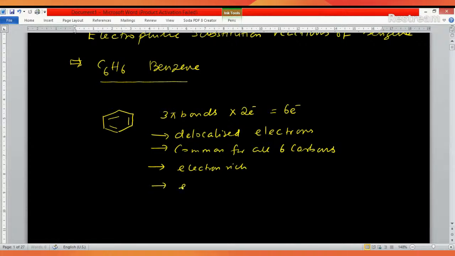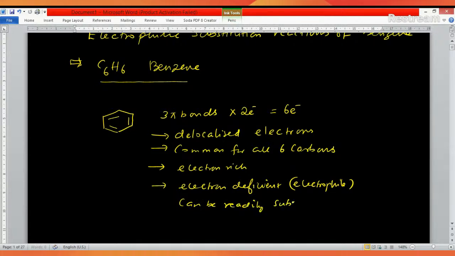So, any electron deficient species, namely the electrophile, can be readily substituted, because it is rich in electrons. What type of electrons are available? Delocalized, so we can say it's an electron rich center and quite often attacked by the electrophile.